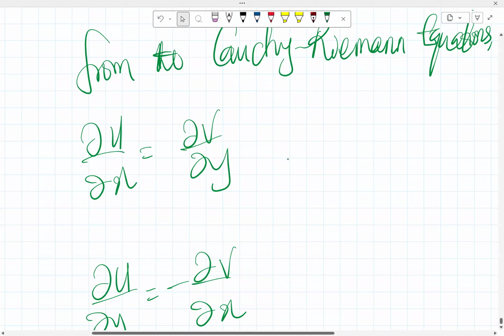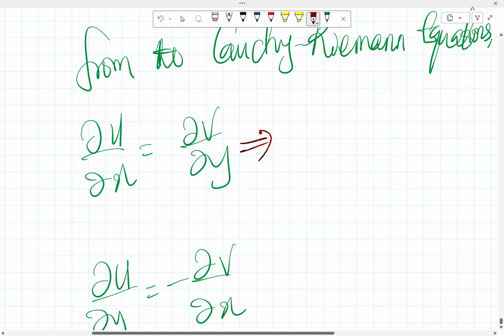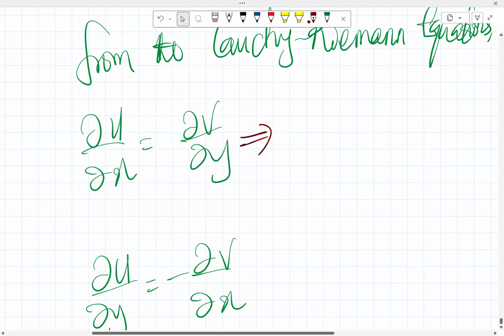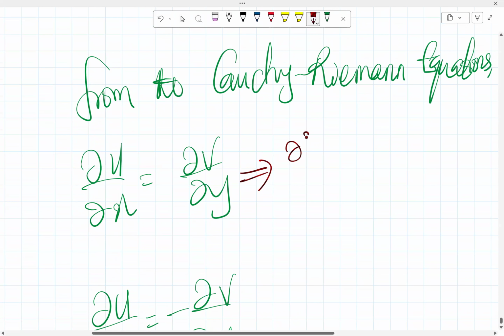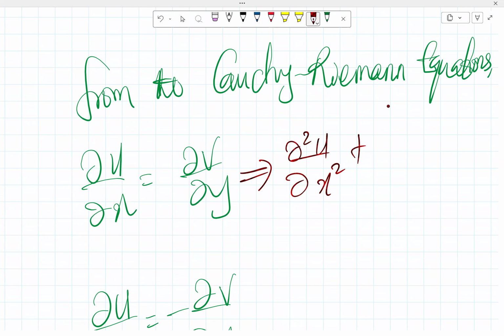So if we take this further and we differentiate a second time with respect to x in each case, if we differentiate this with respect to x, we have partial squared u, partial x squared equals partial squared v, partial y, partial x.